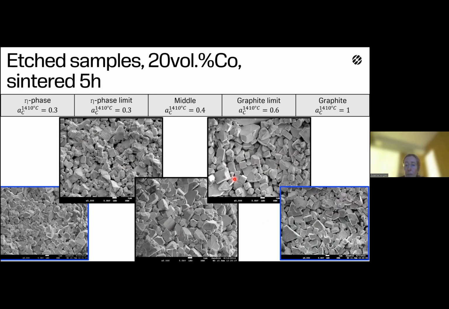And this is very important because the tungsten carbide crystal is a hexagonal crystal and it's anisotropic. So it's much harder in one direction compared to the other.